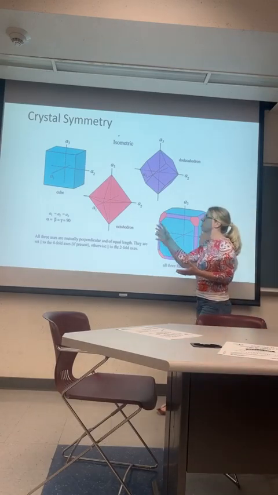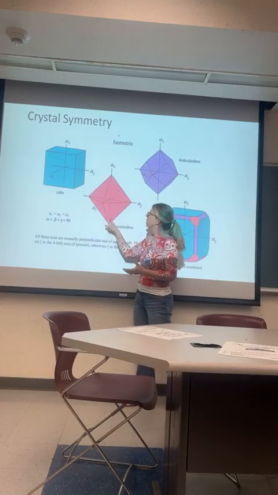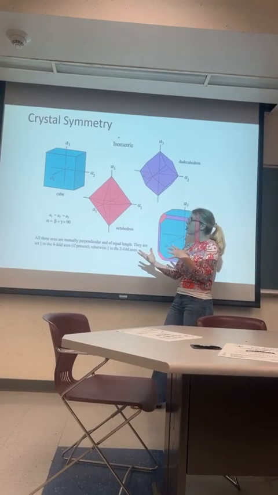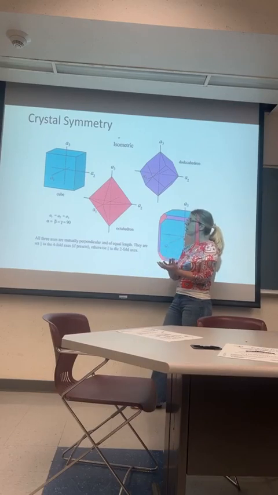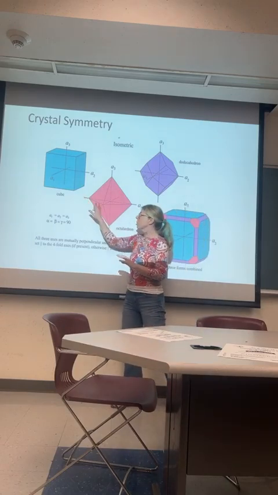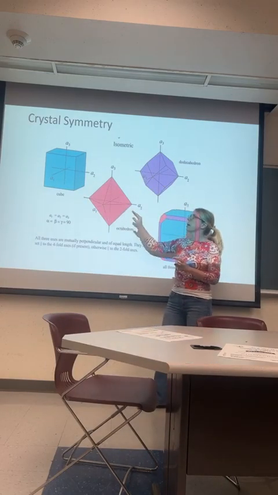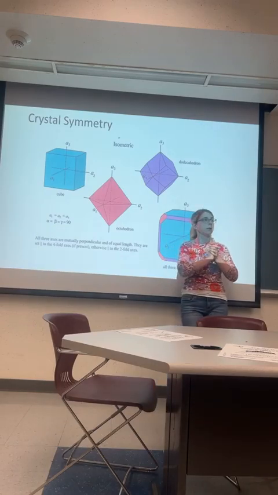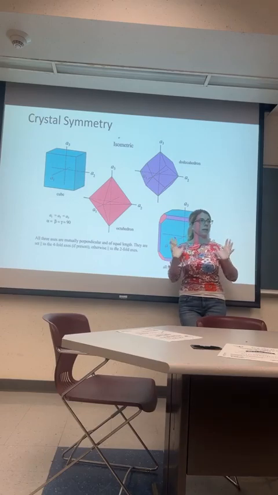And we use a three-dimensional axis to describe the relationship between crystal faces and edges and corners. And all of these forms have the exact same symmetry. They have the same number of mirror planes, they have the same number of rotational axes.